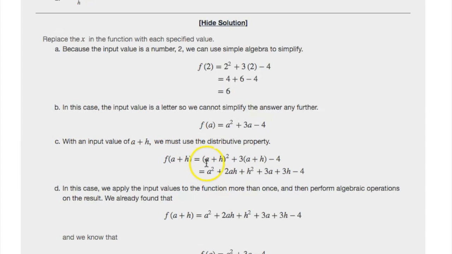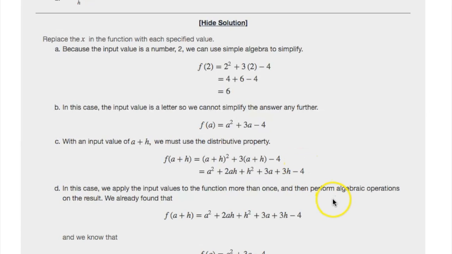This will equal (a plus h) squared plus 3 multiplied by (a plus h) minus 4. All we did is we had an x squared, so instead of x squared, we are going to put (a plus h) squared. We had a plus 3x, so we're going to replace the x with a plus h, so plus 3 times (a plus h), and then minus 4.